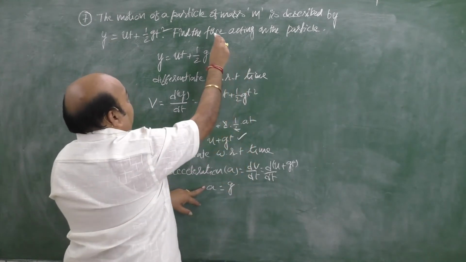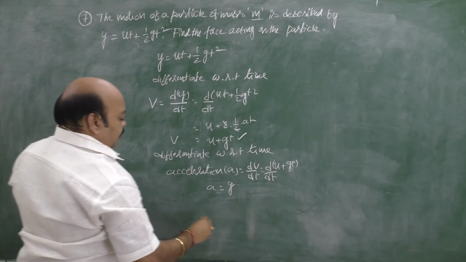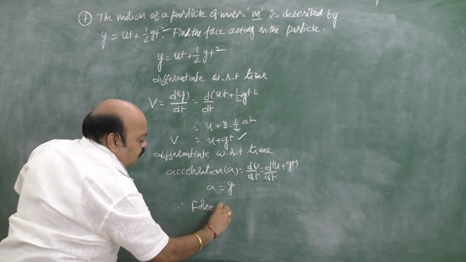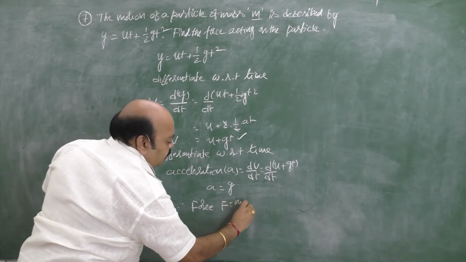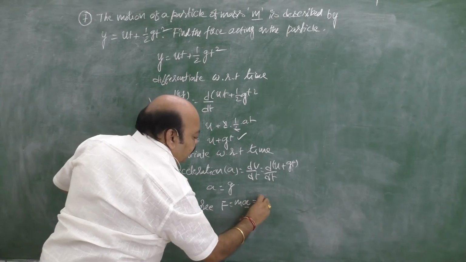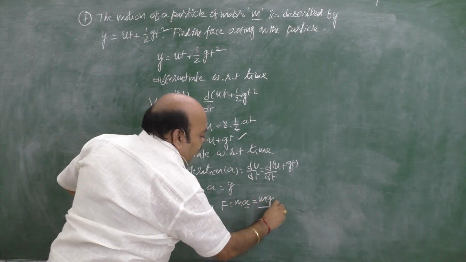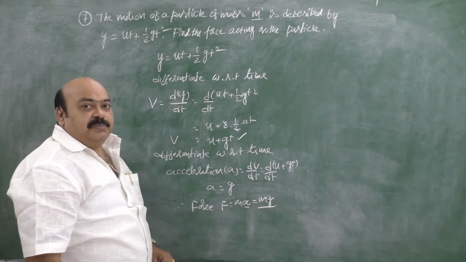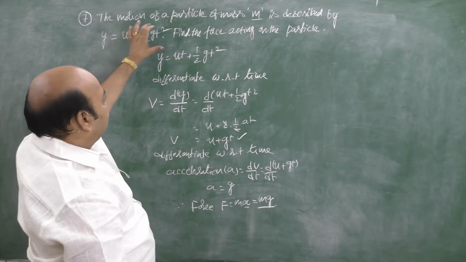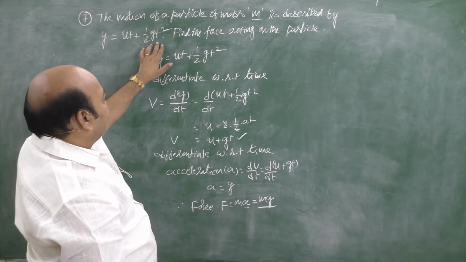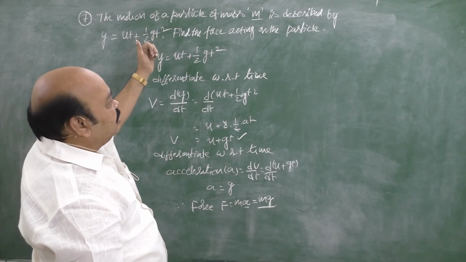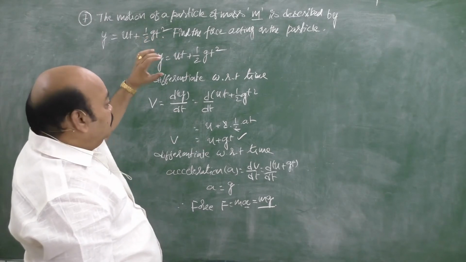The mass of the particle is given as m. That is why the final answer, force F is nothing but ma. In the place of a, simply substitute its value. So, the final answer is mg. So, displacement of a particle is given as a function of time, and we are asked to calculate the force acting on the particle.